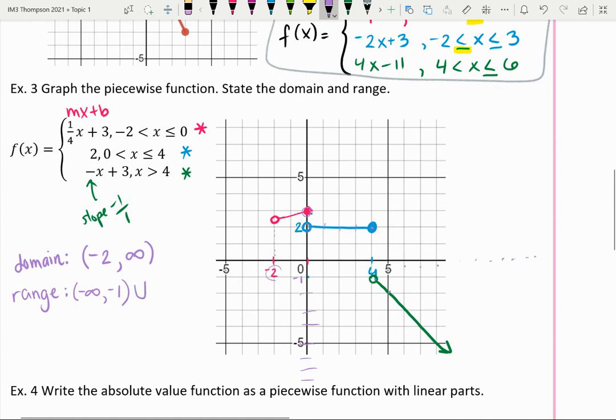Now I'm going to use the union symbol, but remember on your Savas-Pearson assignment, it might just ask for a comma. Now there's a gap from negative 1 until I get up to 2. The graph exists at 2, but then it doesn't, then there's another gap until you get up here. And this number right here is actually 2.5.